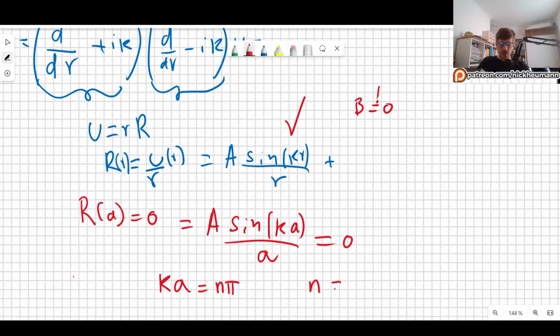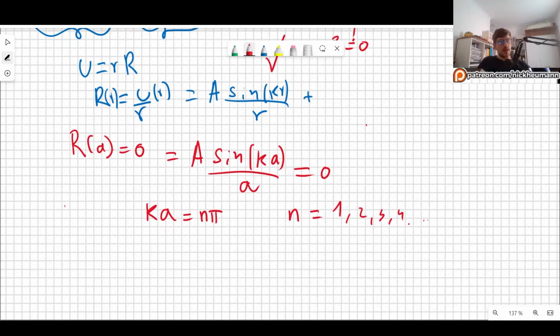With n, of course, being, well, depends where you want to start counting. We can start at 1, because at 0, we don't really have anything. We can start at 1, 2, 3, 4, etc. It depends where you decide to start counting, but it has to be just whole numbers, right? Entire numbers. So from this, we can see that k is n pi over a.